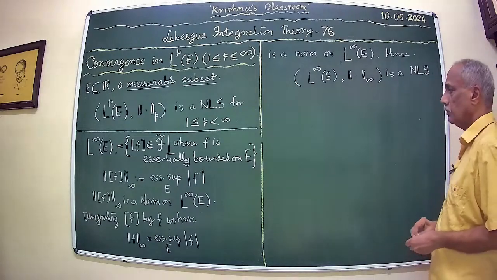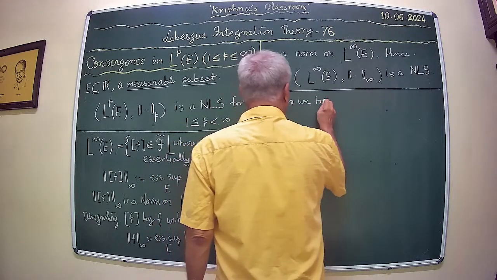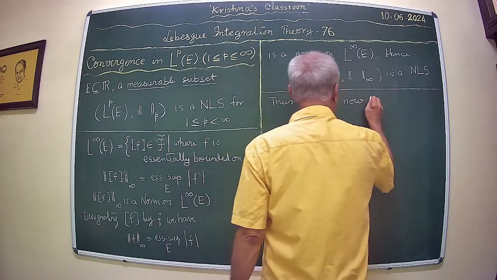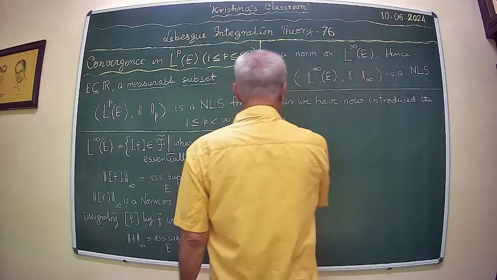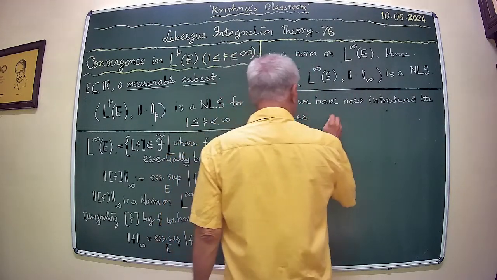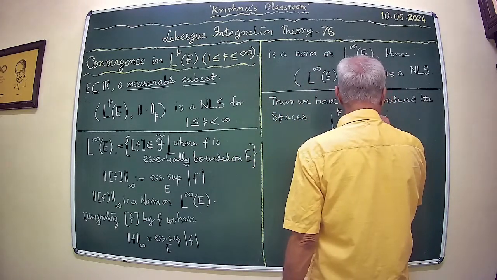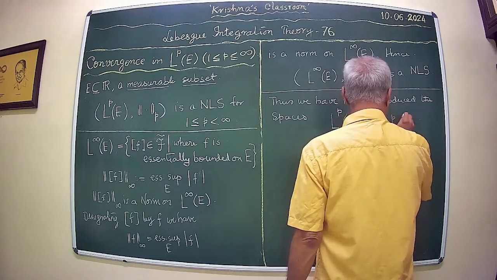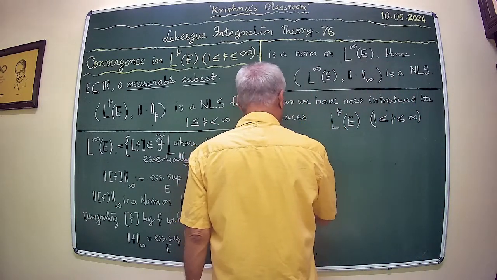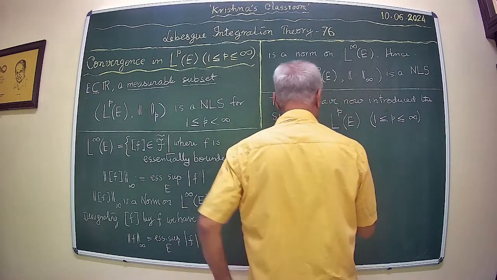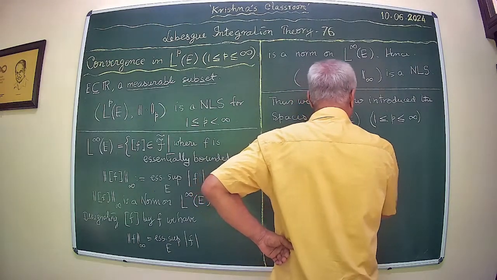So we have now introduced the spaces L^p(E) for 1 less than or equal to p less than or equal to infinity with the norm defined.